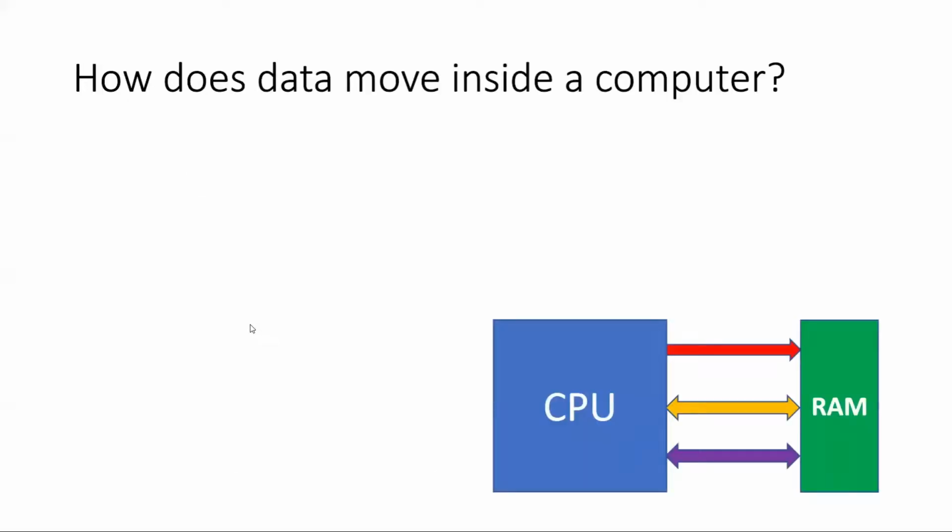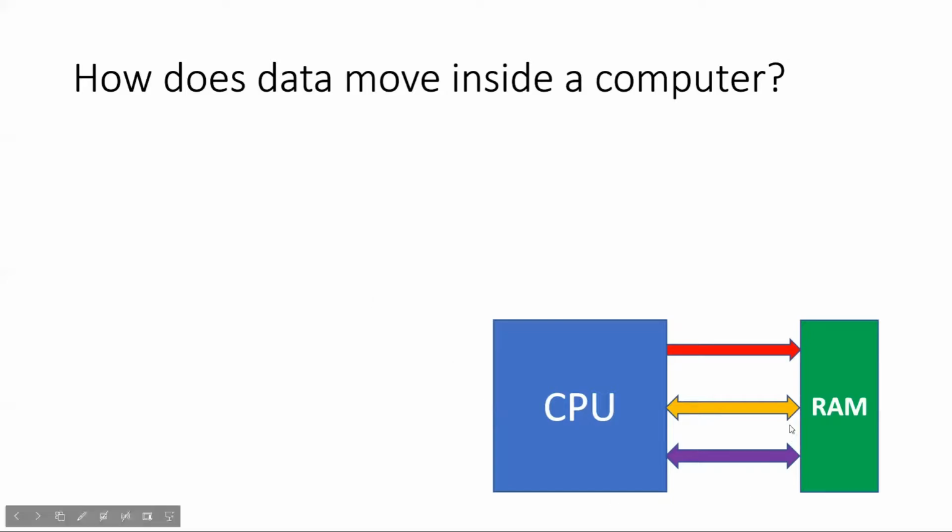So now that we have seen how binary data can be represented in a computer and how Boolean algebra can be performed in a computer using logic circuits, we should also talk a little bit about how data can move inside the computer.